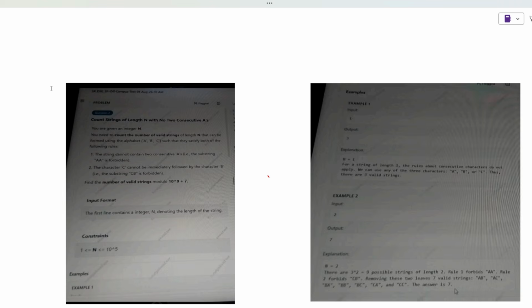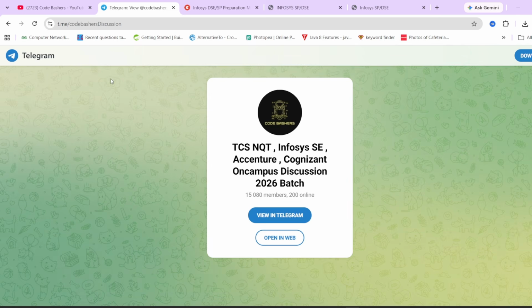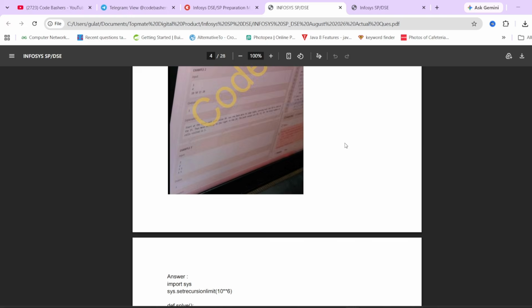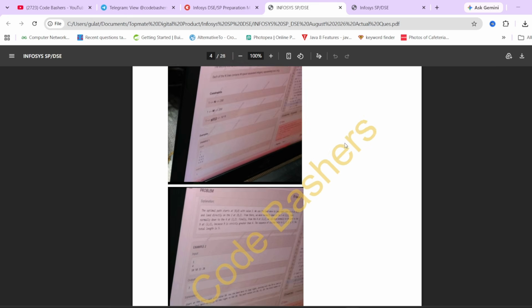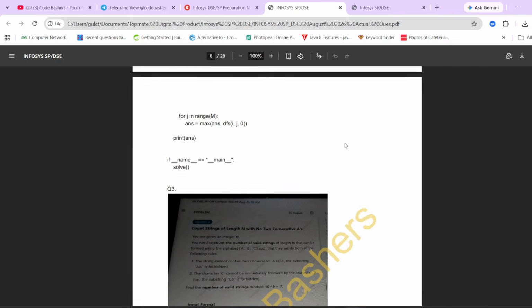But guys, if you want more such questions, because at the last moment actual questions do help, then for the entire August hiring, the 10 to 15 questions that have been asked on the 1st and 2nd August, we have a proper PDF, where the actual question screenshot and the optimized running code are there.